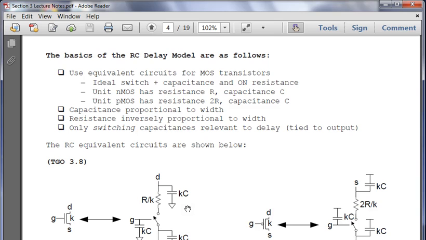Now, if we did a 2-input NOR, 1 is going to stay 1 because they're in parallel, and then you start having to multiply by 2. So now instead of 2 and 2, it's going to be 4 and 4. And so you can see here, the PMOS version, 2R over K, the resistance is going down, but the capacitance doubles.